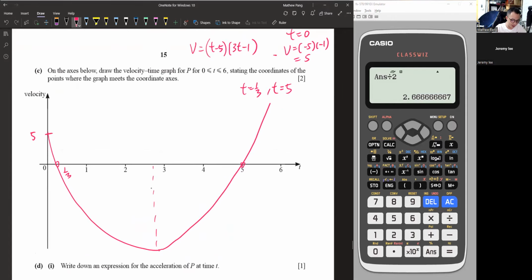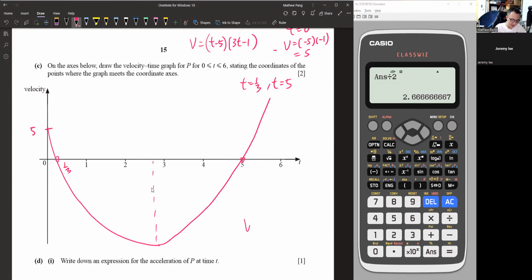Okay, then we want to find acceleration. Later you do product rule. Maybe I will just expand it, or I just do product rule also. Never mind, product rule. Copy the first one, differentiate the second one, plus copy the second one, differentiate the first one. This is 3t minus 1. Sorry, it is 1.